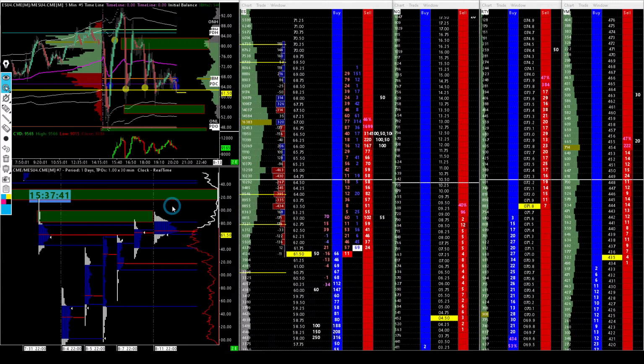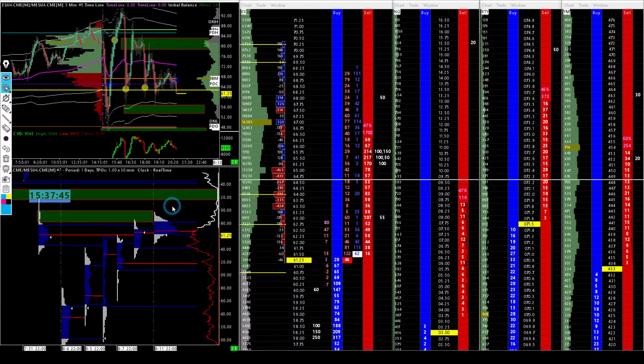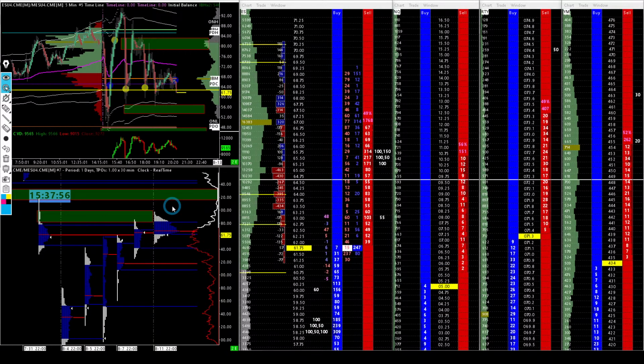Yeah, yeah. I don't know if anyone's ever tried to watch that Dalton stuff. It's so boring. Oh, look at that, we're breaking out of the range. Woohoo. Market profile is just a different way to look at the market.